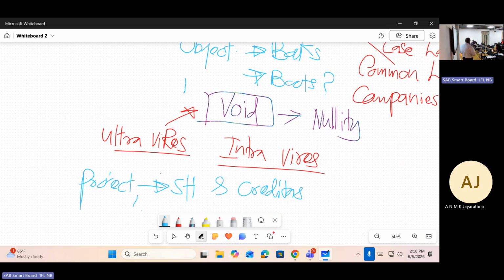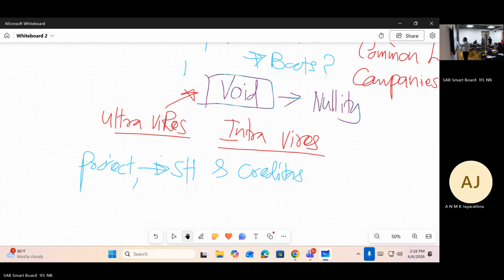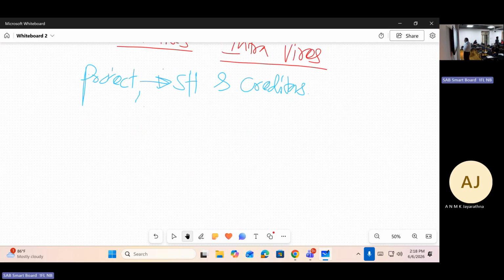Then we have to consider the Companies Act. When we consider the position under the Companies Act, we have to consider two sections.